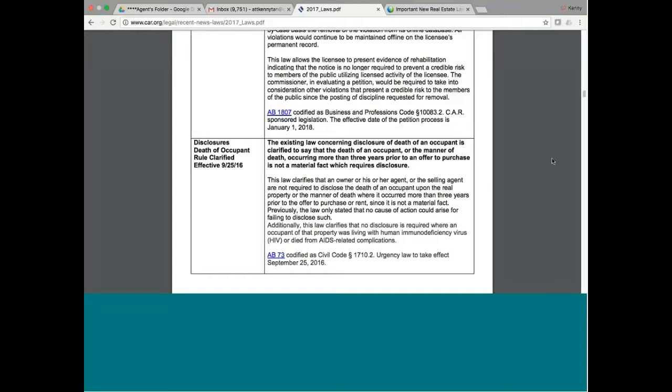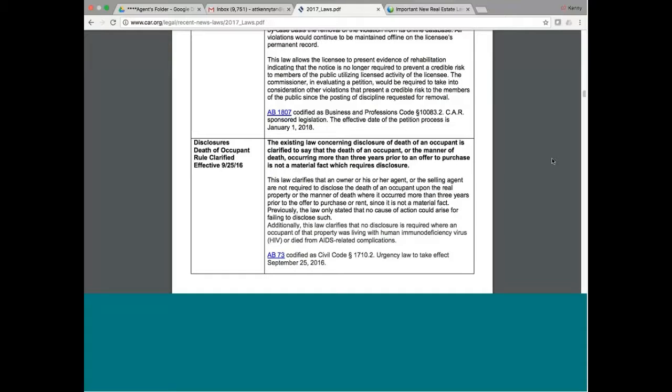Now, another place where death is mentioned is on the SPQ, the Seller Property Questionnaire. If you remember the SPQ, there was a question asking about death, right? Was there any death within the last 3 years? There wasn't any question about was there a death more than 3 years ago, right?